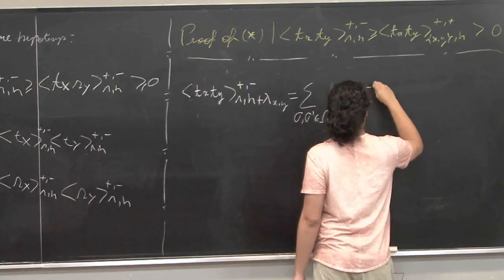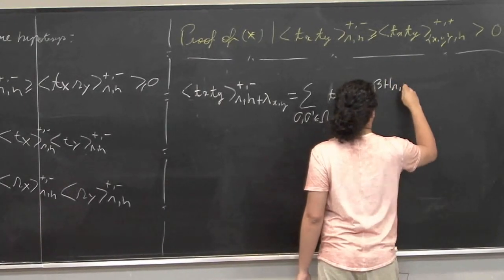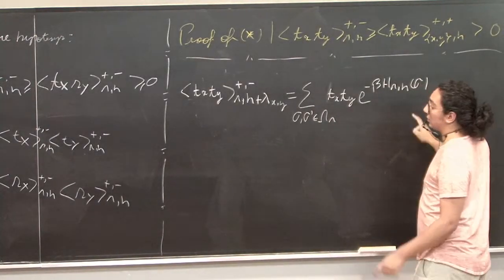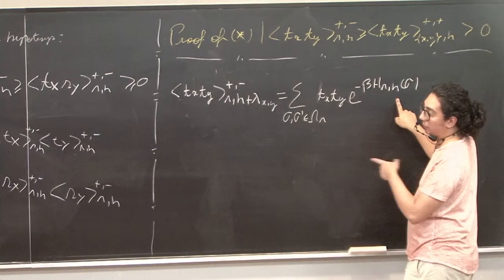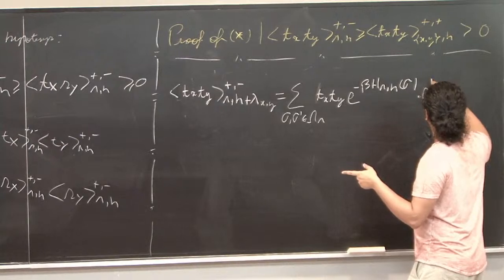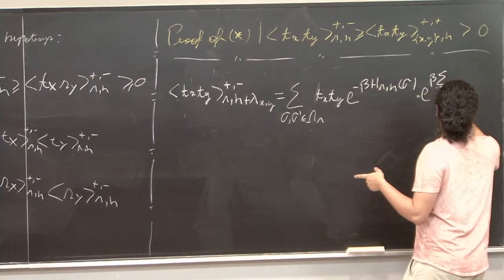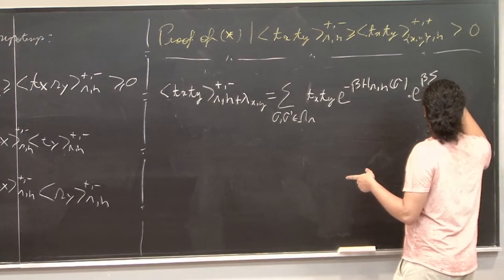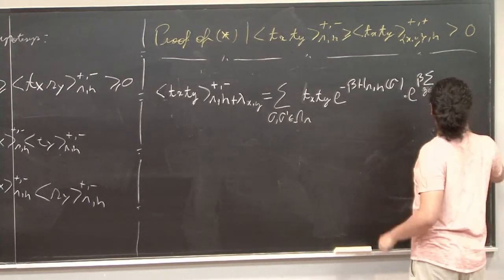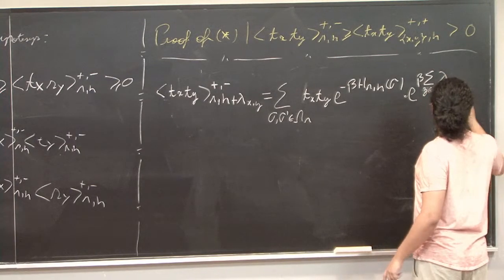Here we have the Hamiltonian with the original external field, but now we have an extra term. This extra term is exponential of beta, and we sum over z on lambda, and here we have lambda times the configuration.